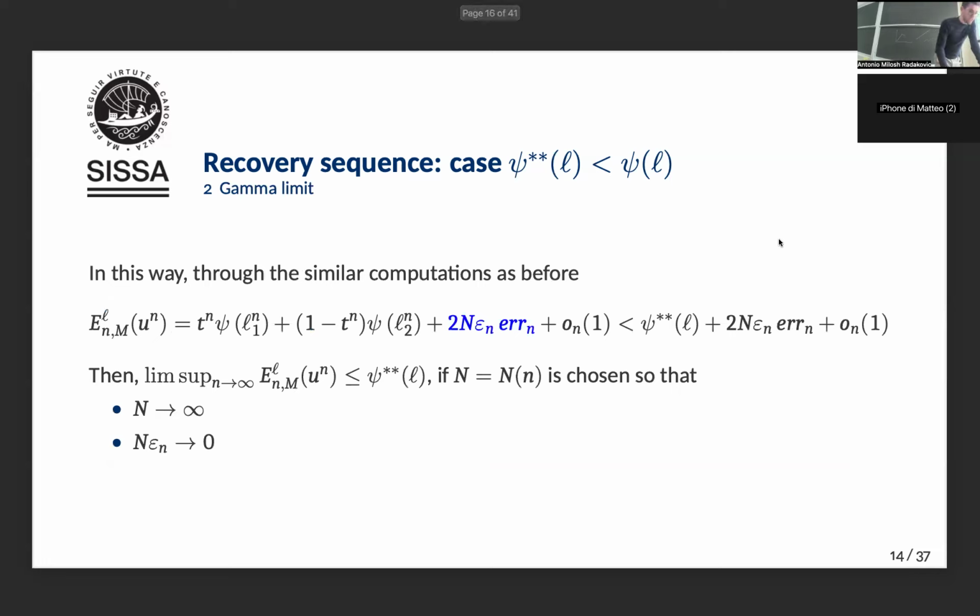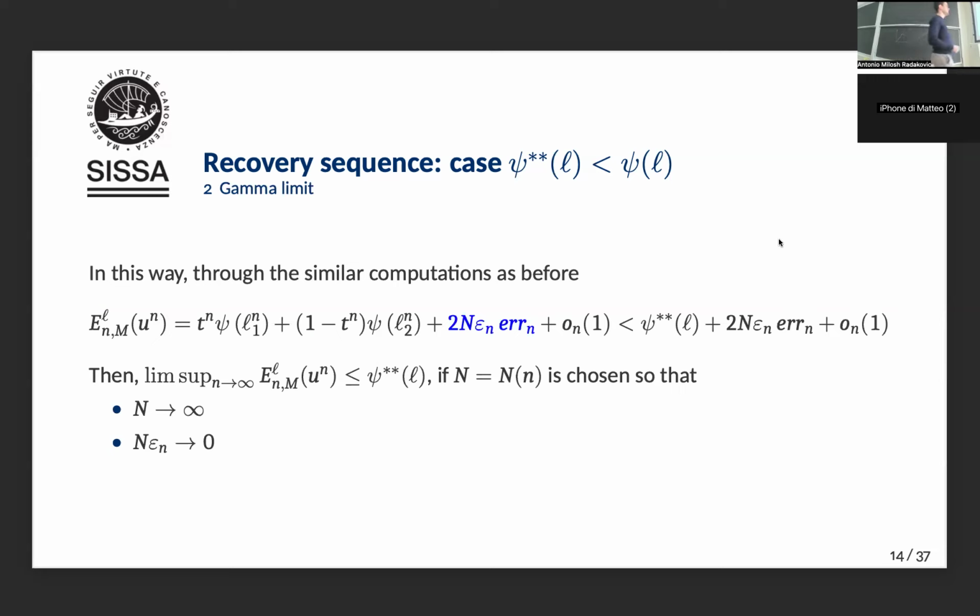Okay. In this way, if we look at what is going on to the discrete energy, we will have, apart from some small error, we will recover the convex combination that is going to give the psi-star-star of ℓ. But now we have another error, I highlighted in blue, which is coming from the transition from one oscillation to the other one.